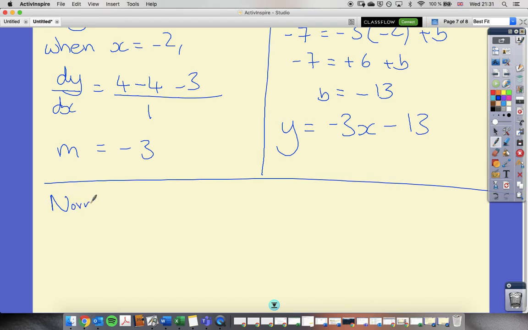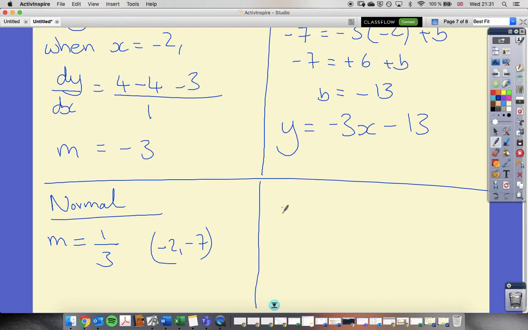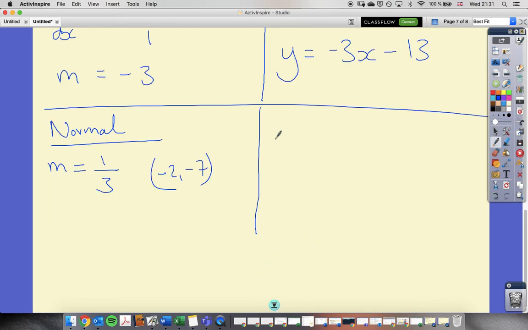Okay, normal. Well, if the slope of the tangent was -3, we know the slope of the normal will be +1/3, and we know it's also going to go through the same point, (-2, -7). So y equals m x plus b, and this will be a little bit messier, -2/3 plus b.